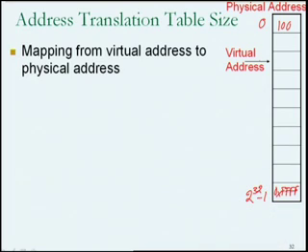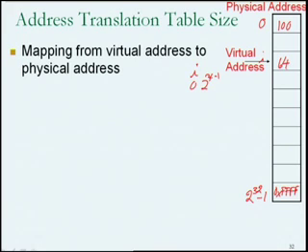In other words, the way that I use this table is, if I want to translate an address I, which is some value between 0 and 2 power 32 minus 1, then all that I have to do is index into this table using address I, and that will tell me how the virtual address I is supposed to be translated. For example, if it's supposed to be translated into 64, this entry in the table will contain the address 64.